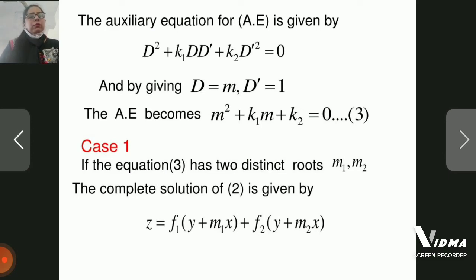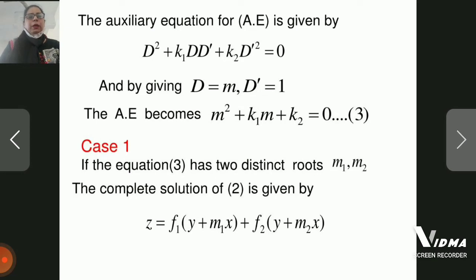Now cases arise here. If equation 3 has two distinct roots, because this is a quadratic equation, we get two values, m1 and m2. Then the complete solution is z = f1(y + m1x) + f2(y + m2x). This is case 1.